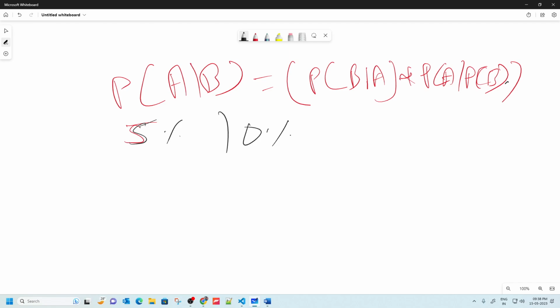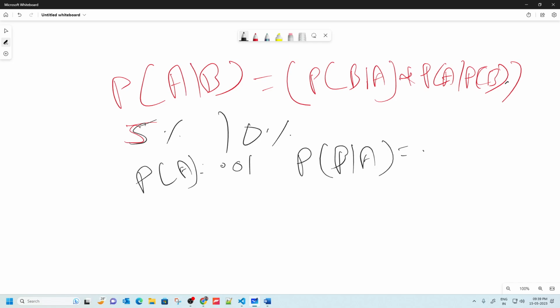Okay, now let's calculate the probability that you have the disease or not if the result came positive. Okay, so in this scenario P(A) will be 0.01, that is 1%. Okay, and P(B|A) will be 0.9.